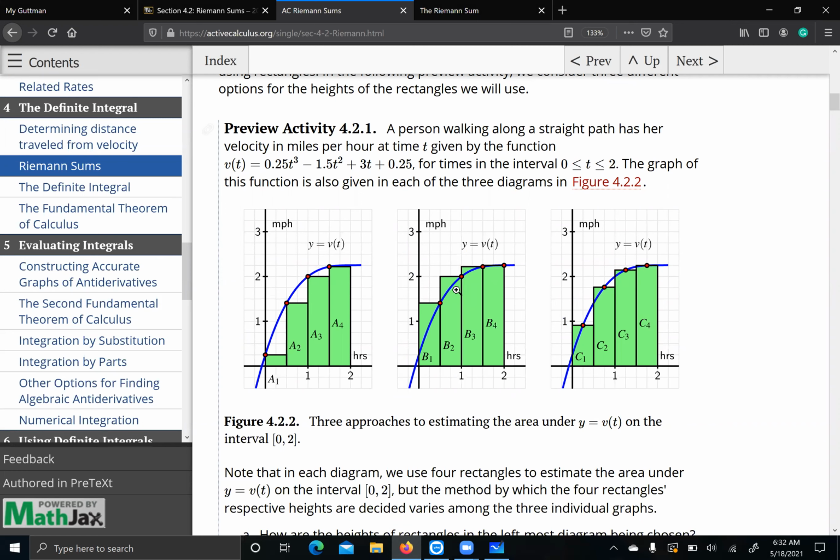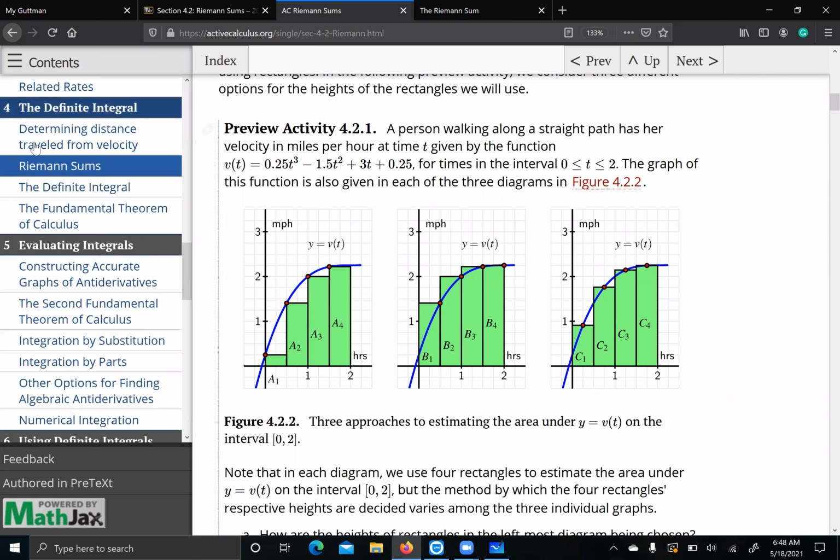So let's look at the preview activity 4.2.1. In this activity, we look at the scenario of a person walking along a straight path who has her velocity in miles per hour at time t given by this function.